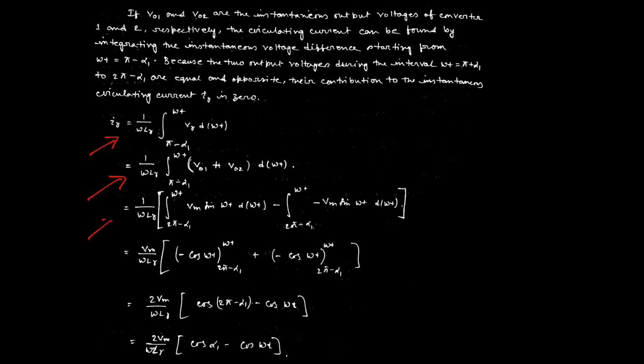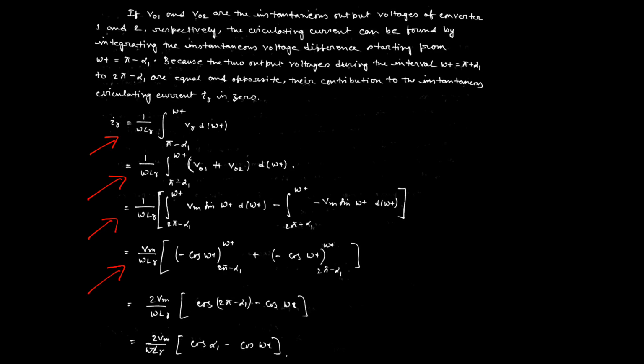Again, after simplification, we can rewrite the expression as 1 by omega LR, integration from pi minus alpha 1 to omega t, of Vm sin omega t d omega t, minus integration from pi minus alpha 1 to omega t of minus Vm sin omega t d omega t. Okay, so we consider the limits, and by integrating we get the result, Vm by omega LR into minus cos omega t from pi minus alpha 1 to omega t, plus the same term.